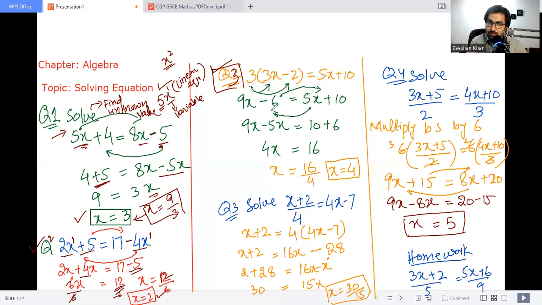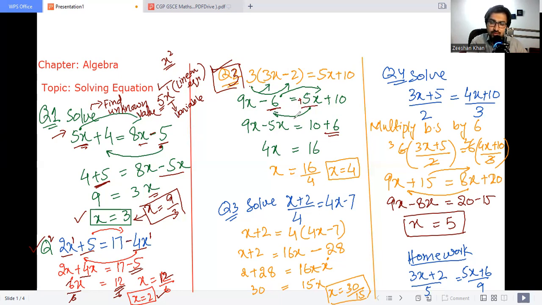Now I will shift this minus 6. I want to separate the numbers on one side and the variables, the x terms, on another side. So I will shift this minus 6 to the right side of the equation. It was minus 6 here, so it will become positive 6 here. And I will shift this 5x, which is positive, to the left side of the equation, where it will become minus 5x because it was positive.